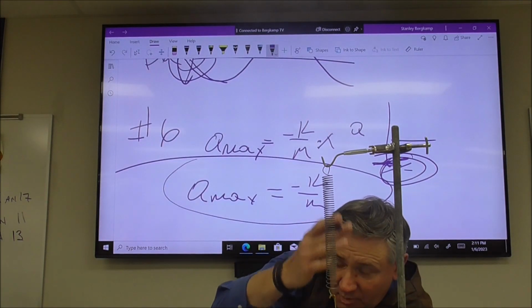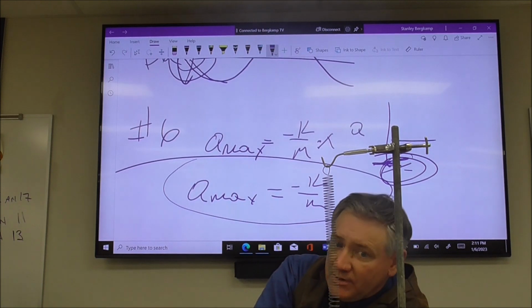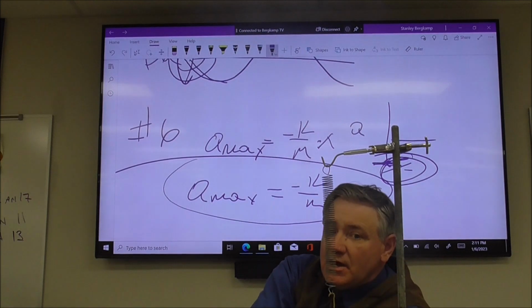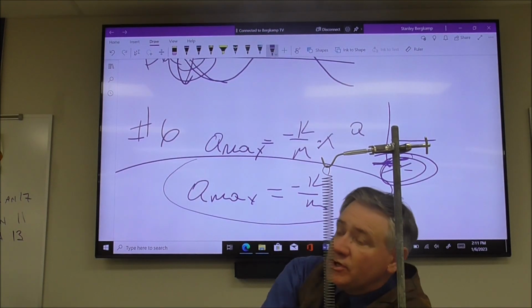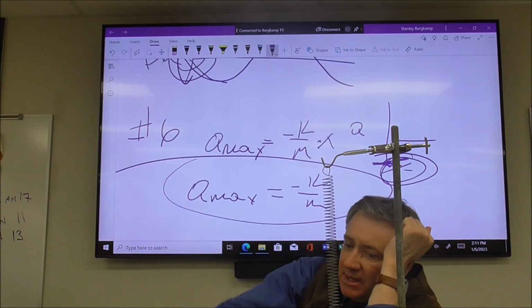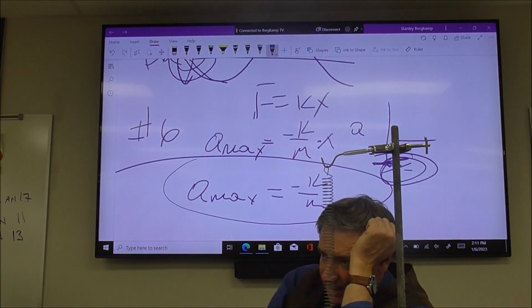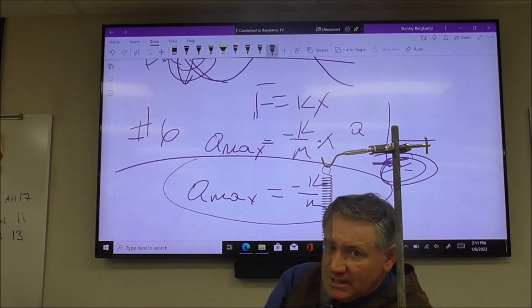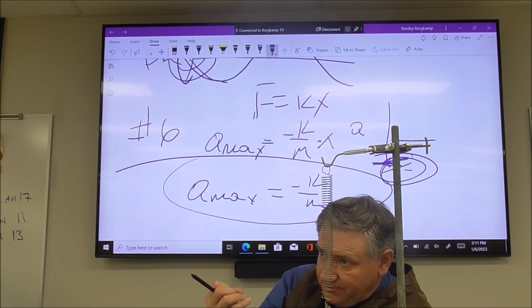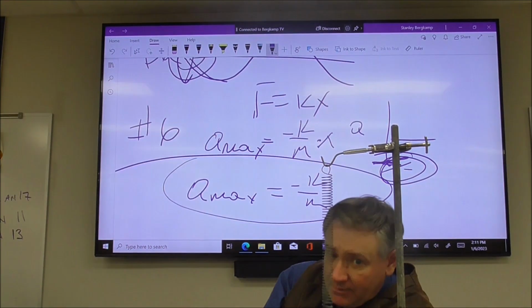This is what you have to understand. As this thing starts to fall, your gravitational force is going to remain constant. That isn't going to change. When you're up at the top, you have your minimum upward force from the spring, because the force from the spring is F equals kx, and you have a large gravitational force pulling down.